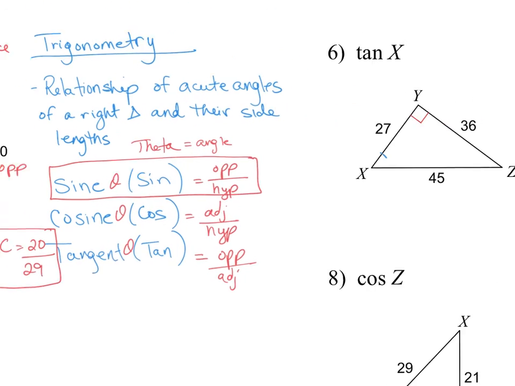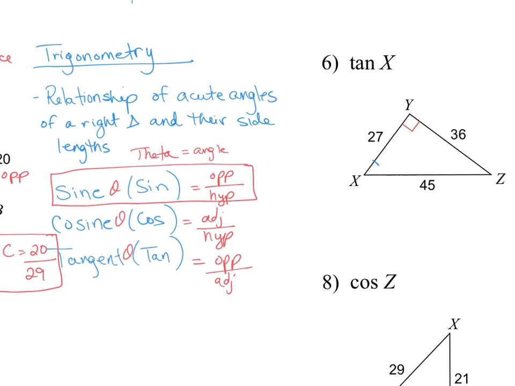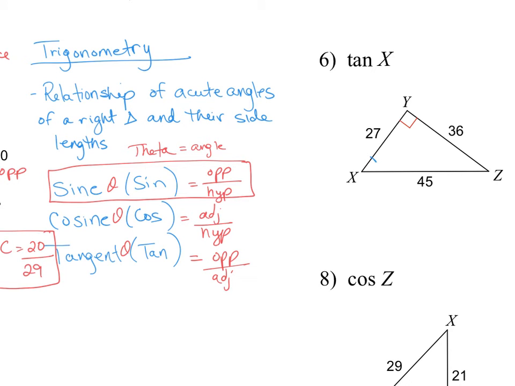Okay, now if I slide over to number 6, here we're looking for the tangent of angle X. Okay, well, angle X is here. So again, first step in any trig problem is to label your triangle.